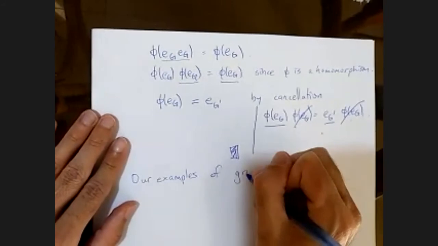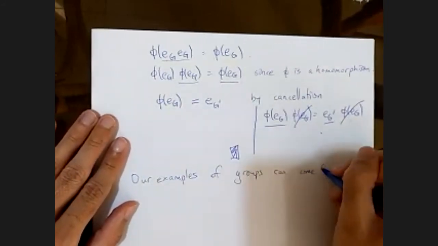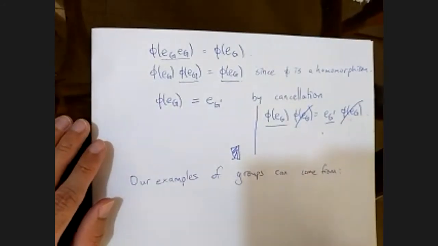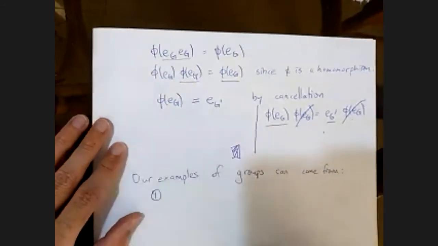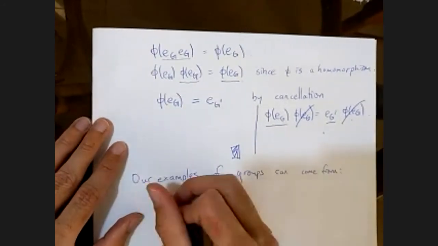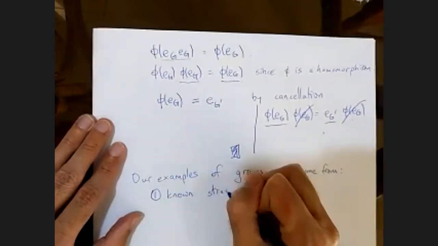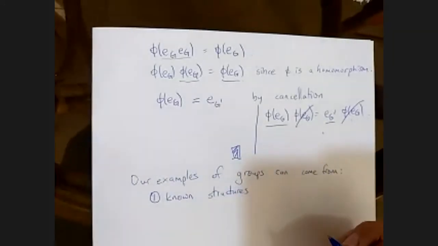Our examples of groups can come from, first thing, I'll call them known structures, by which I mean take something you've learned about in another class that has something to do with group theory.